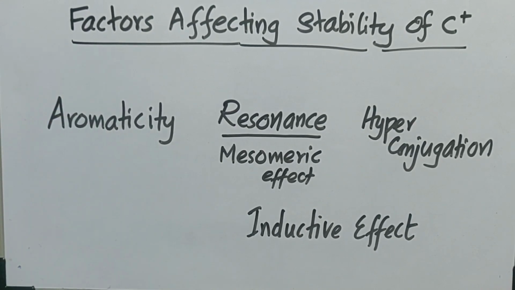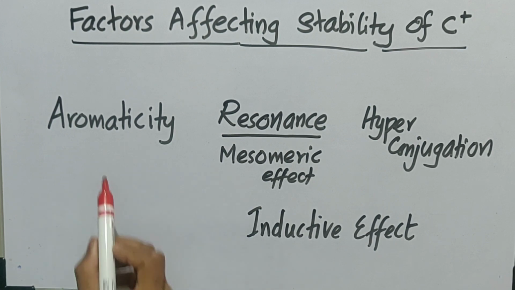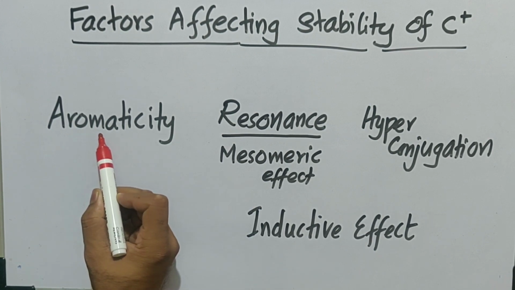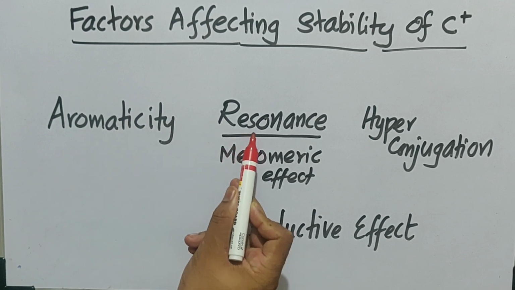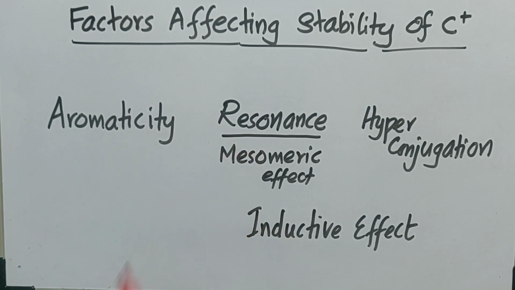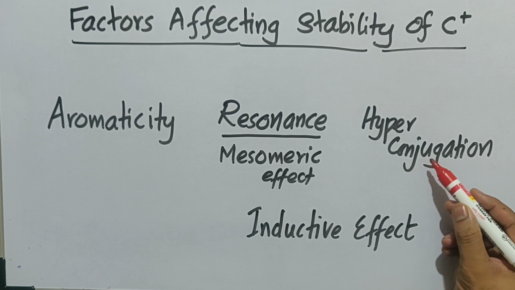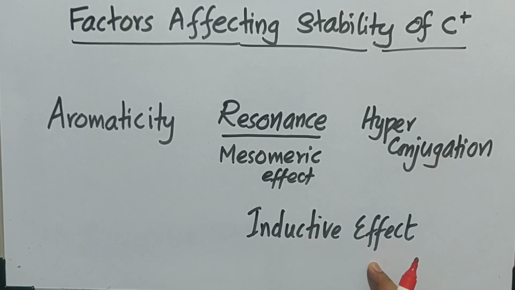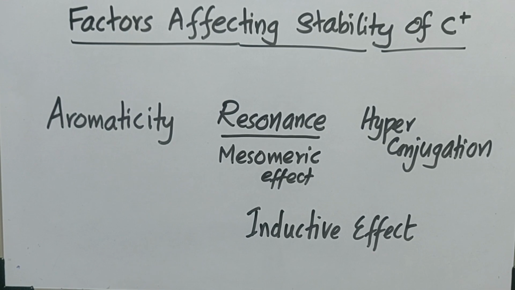Now, factors affecting the stability of carbocation. The important factors are, first, aromaticity; second, resonance effect or mesomeric effect; third, hyperconjugation; and last, the inductive effect. These four factors decide the magnitude of positive charge on the carbocation.